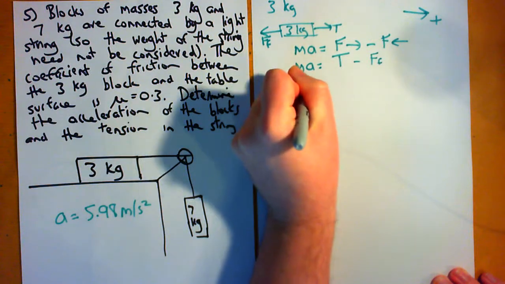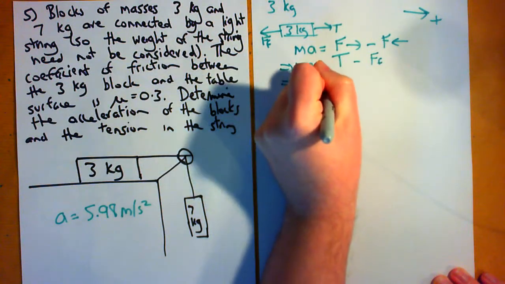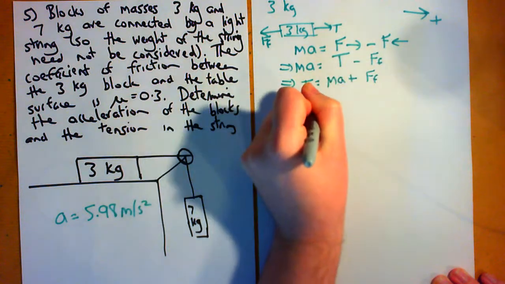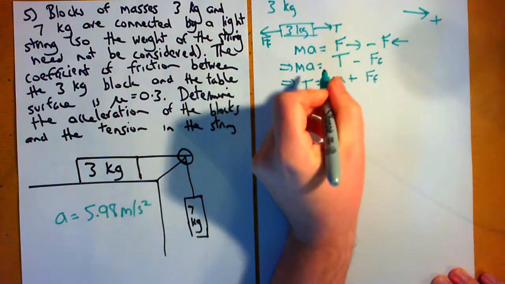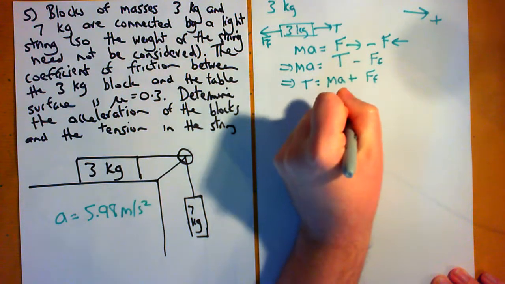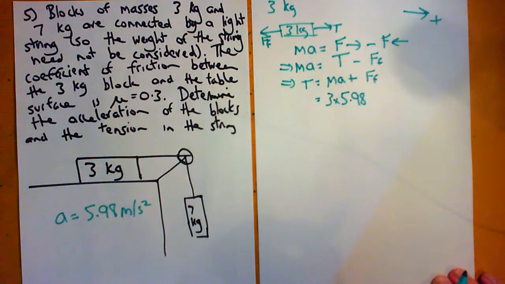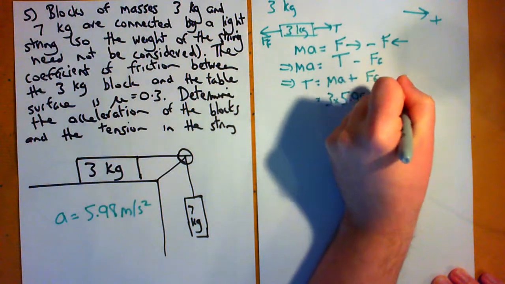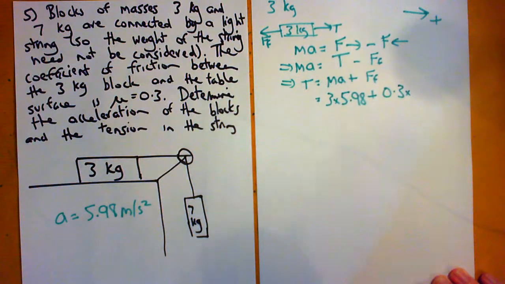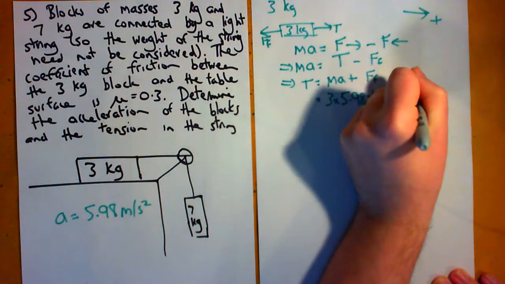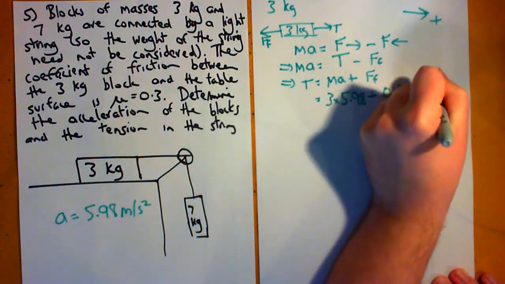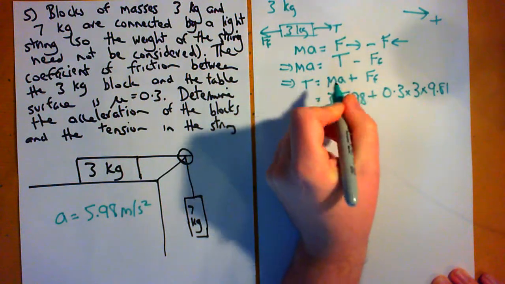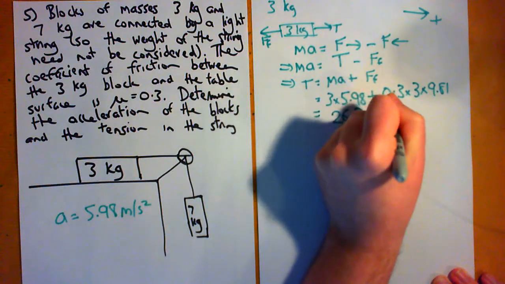So if we rearrange that equation, we get tension is mass times acceleration plus the force due to friction. Mass times acceleration, we're looking at the 3 kilogram block, and we found already that the acceleration is 5.98, plus force due to friction, which is going to be coefficient of friction 0.3 times the normal force, which is mg, so 3 times 9.81, and if we calculate that we get 26.8 newtons.